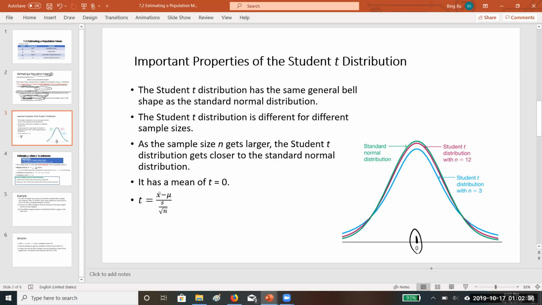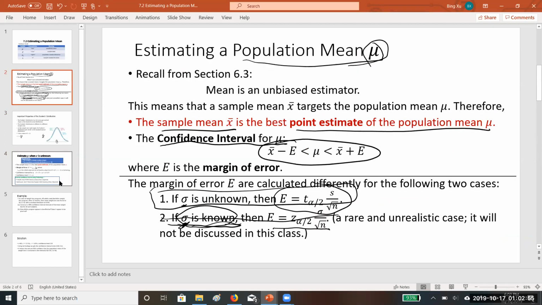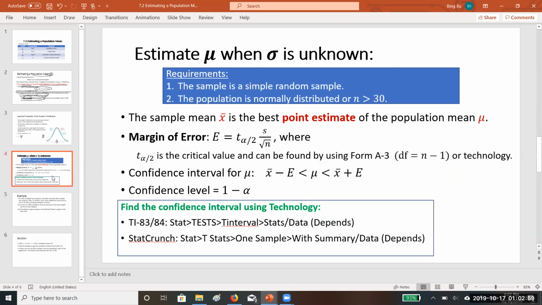Standard deviation is s divided by square root of n. So standard deviation is changed based on your n. Okay. Anyway, we usually don't use the formula because you can just use technology to find the value if you know where to find it.